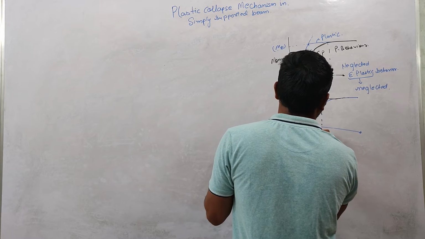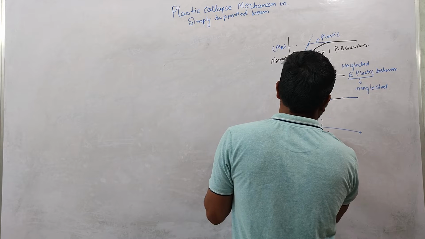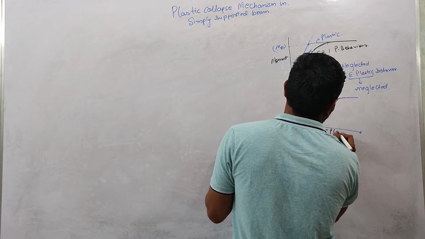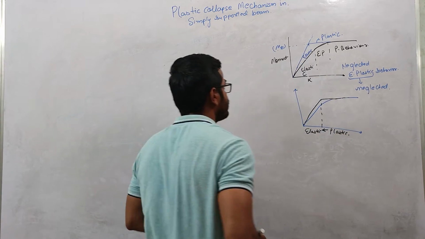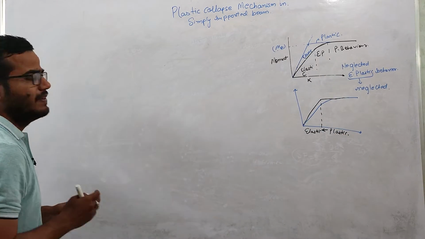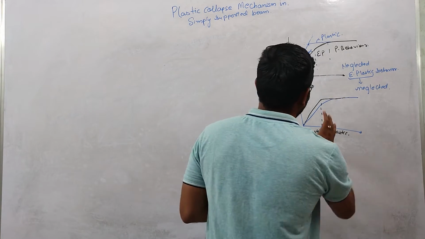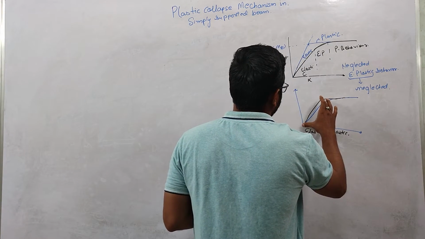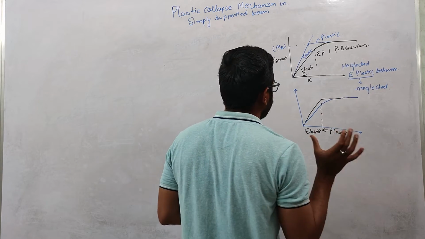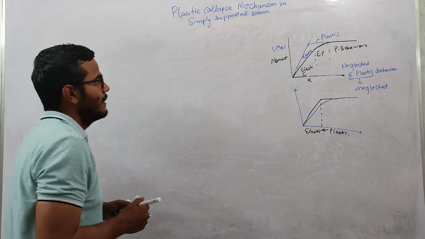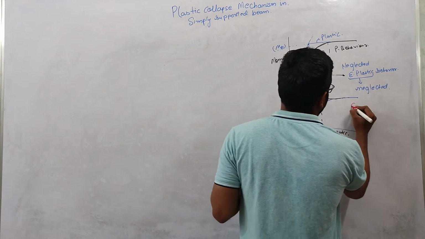Up to here this is our elastic, and this is plastic, right? So basically this is the elastic plastic analysis, where we have the elastic state and then the plastic state. So this method is also called the elastic plastic method.